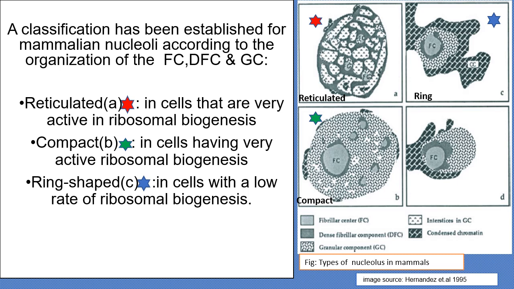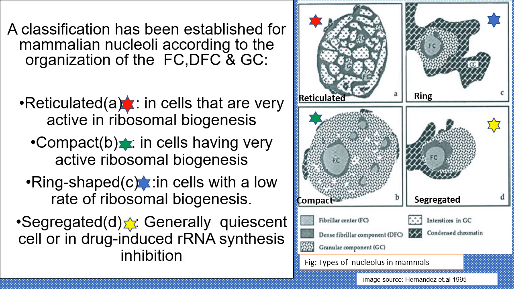Ring-shaped nucleoli contain only one fibrillar center which is surrounded by a small amount of dense fibrillar component, and they are found in non-transcribing cells such as mature lymphocytes. The segregated nucleoli are characterized by separation of the nucleolar components which remain superimposed but no longer intermingled.